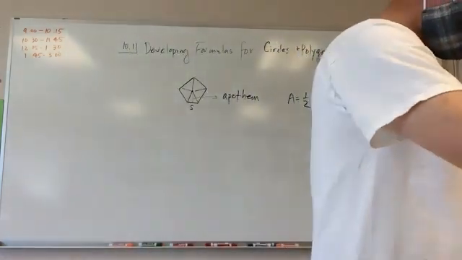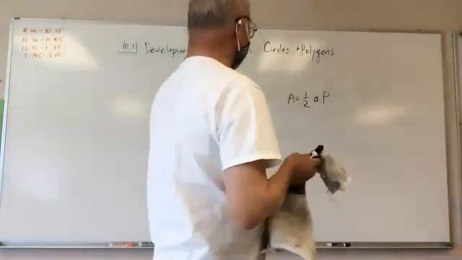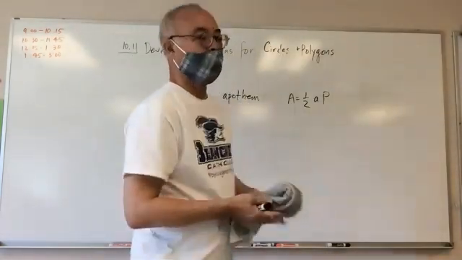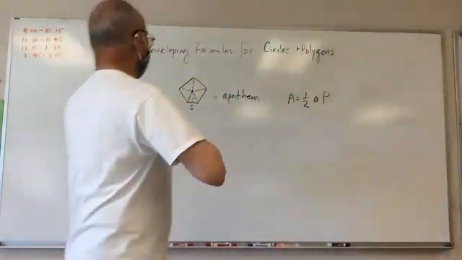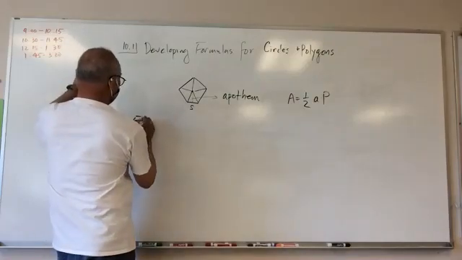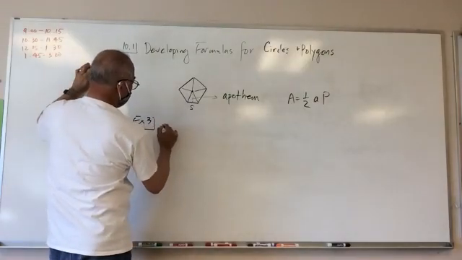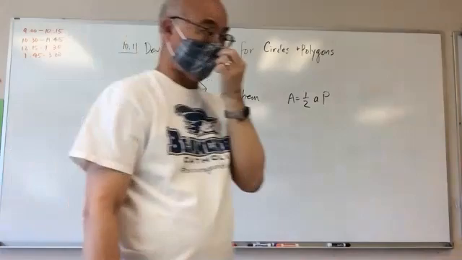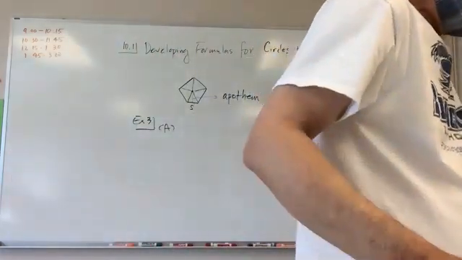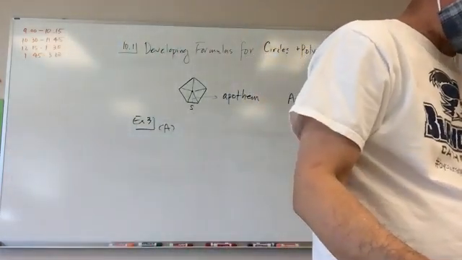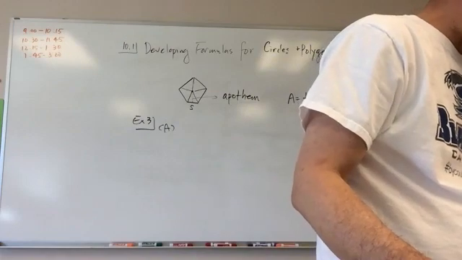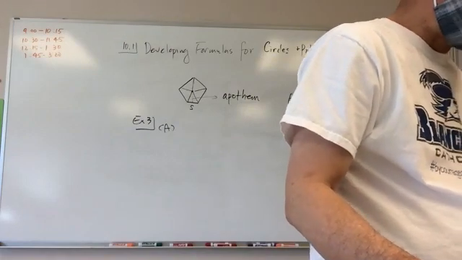That's the page, go to example number 3. So we're going to do a couple of examples here. A regular hexagon with side length 6. The perimeter is, so trying to find the area of this polygon.